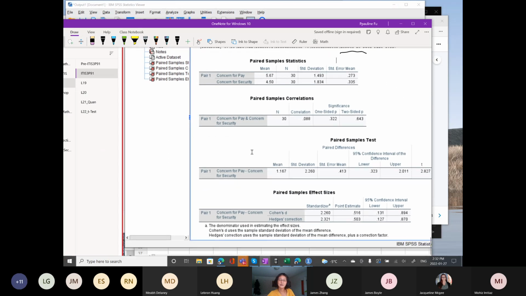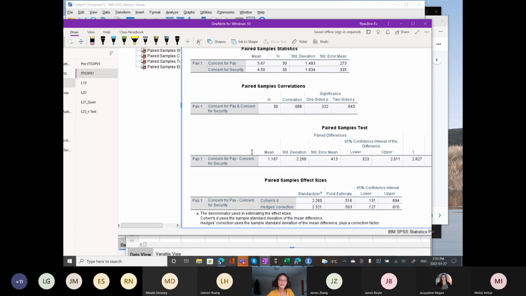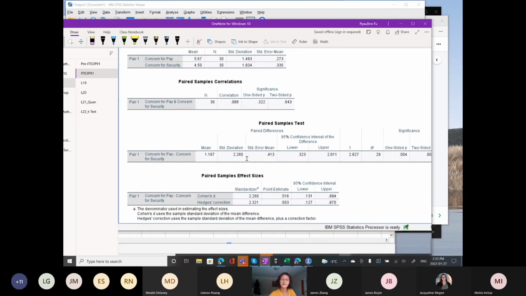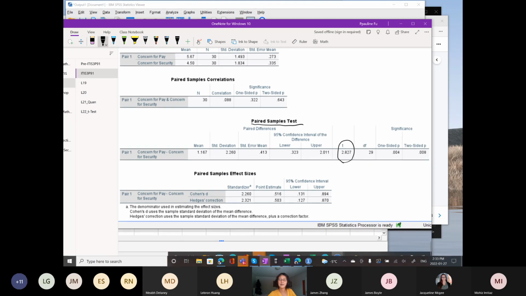Okay, let's focus on two values. One, the test statistic. The other one is the p-value. So where is the test statistic? It is here, in the paired samples test, the t test statistic, that is 2.829.